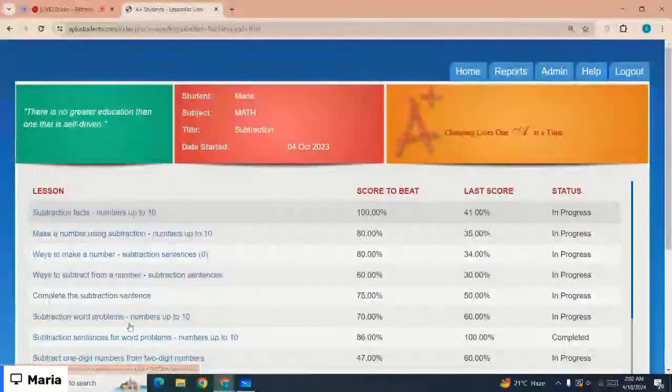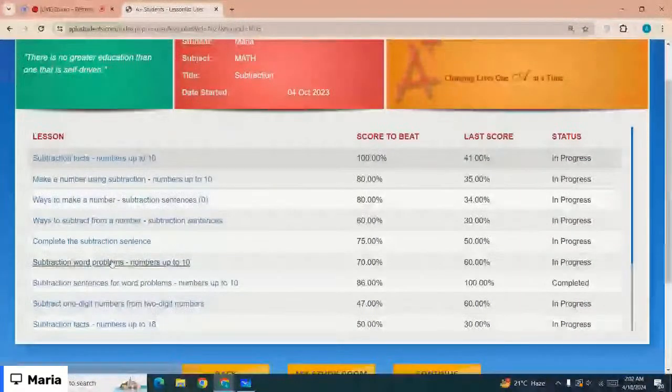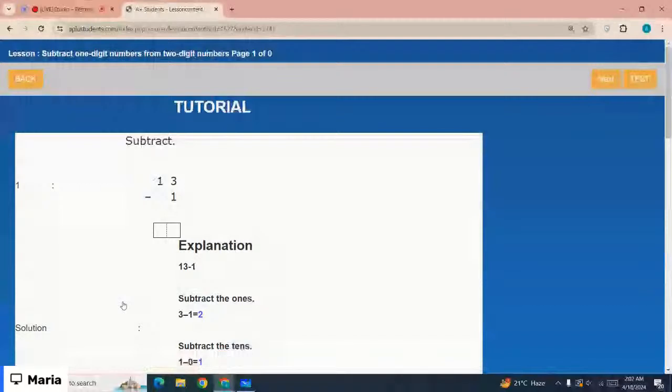What problems you have to do on your own, right? So we're going to start with subtract one digit number from two digit numbers. Right now we're going to learn how do we subtract a one digit number from two digit numbers, right?